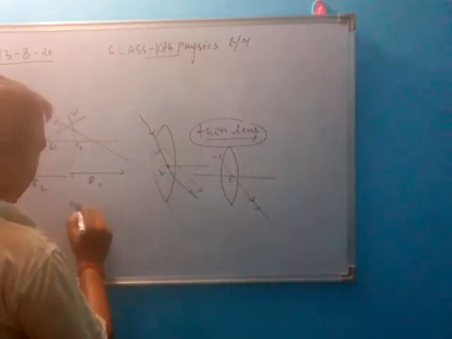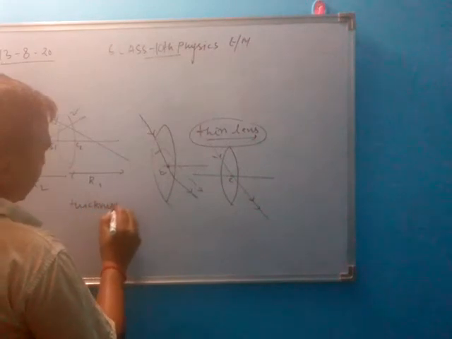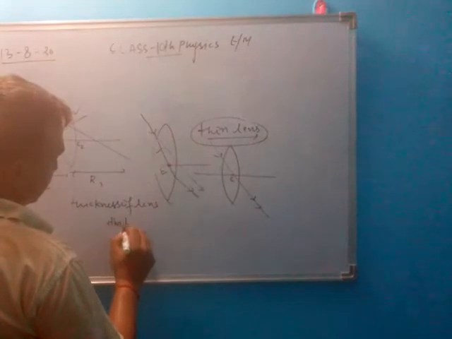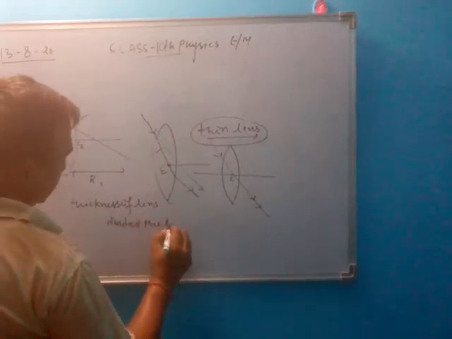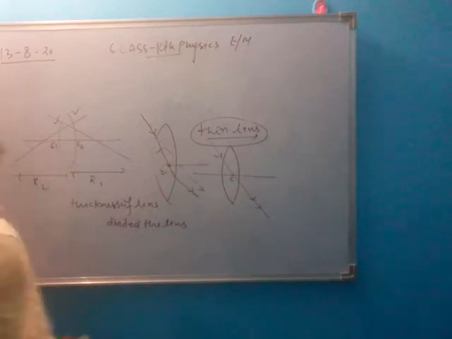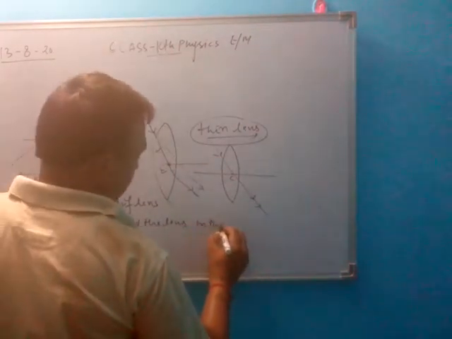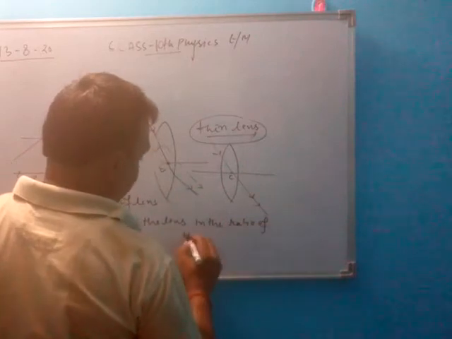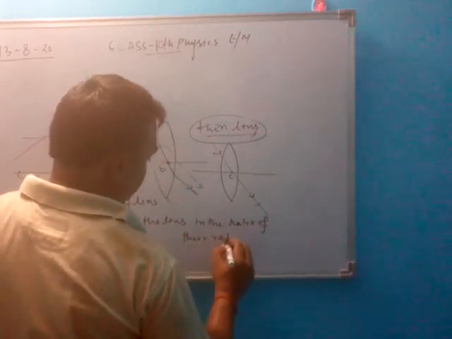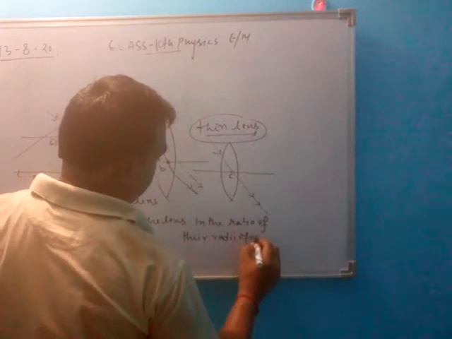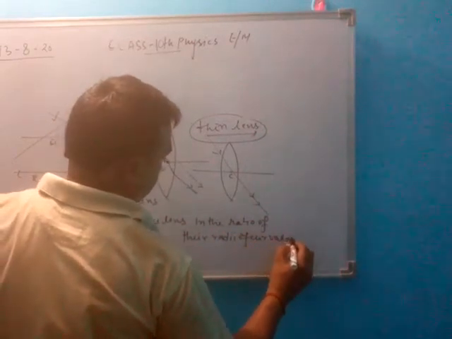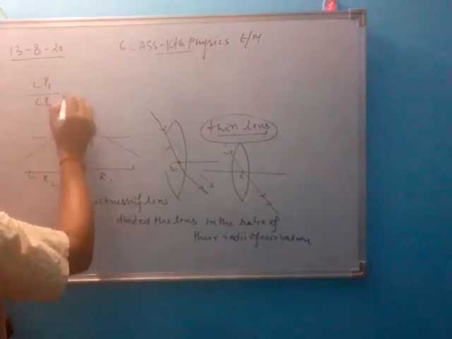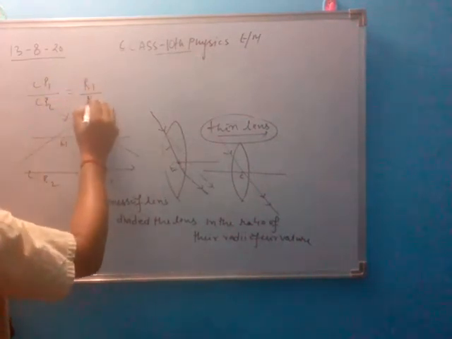The thickness of the lens is divided in the ratio of their radii of curvature. That is, CP1 upon CP2 is equal to R1 upon R2.